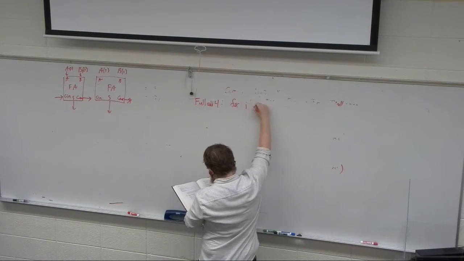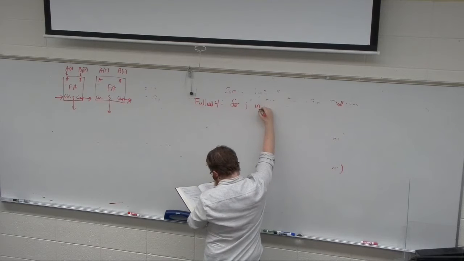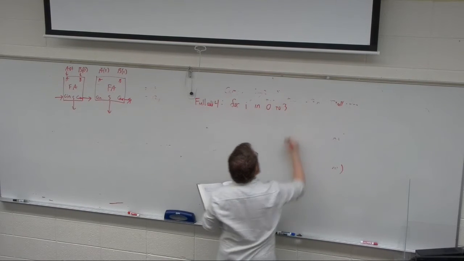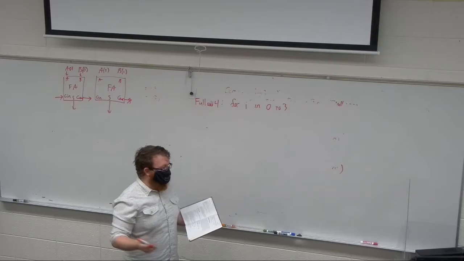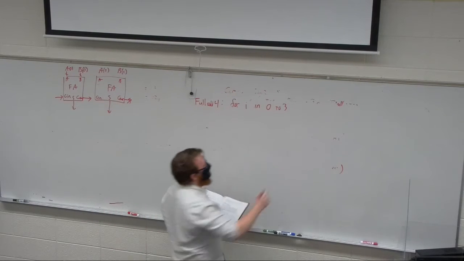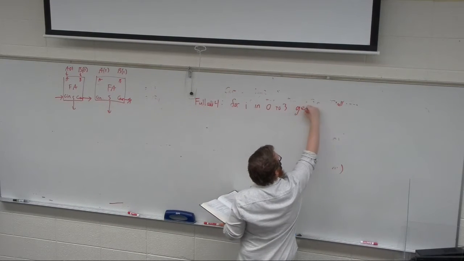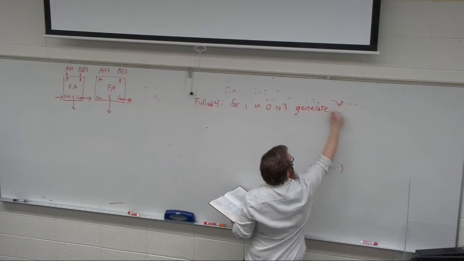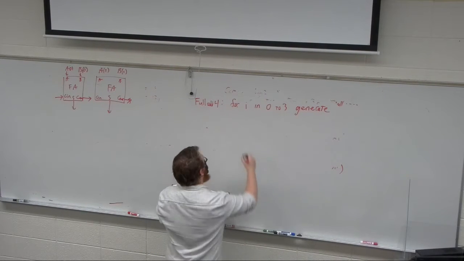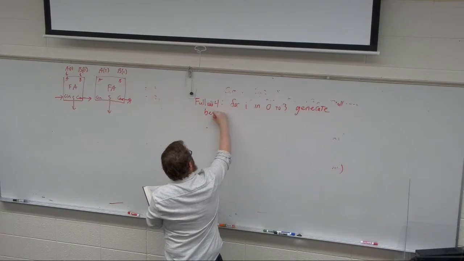For I in 0 to 3. Now we've done loops before, and at this point normally I would write a 0 to 3 loop. This is the only difference. I say generate. And then all I have to do is begin.